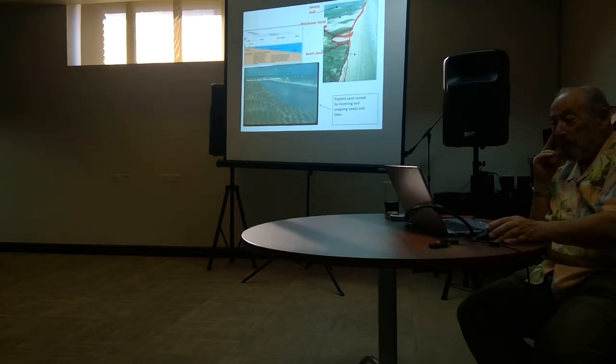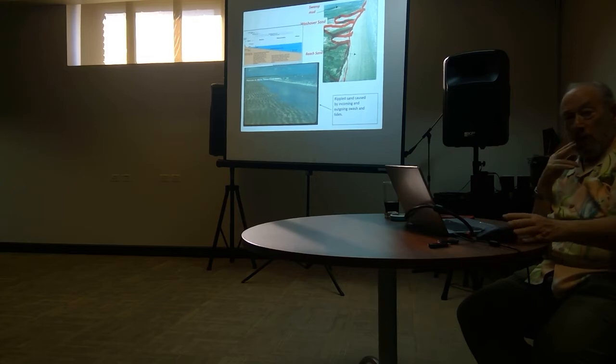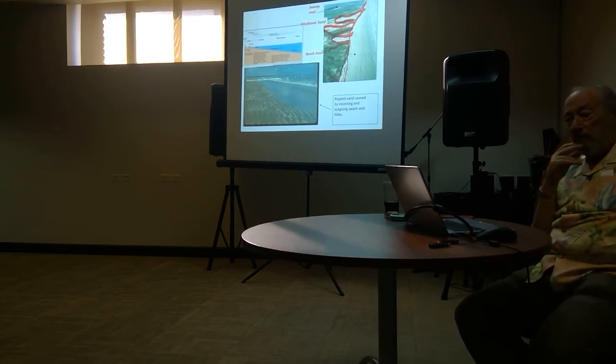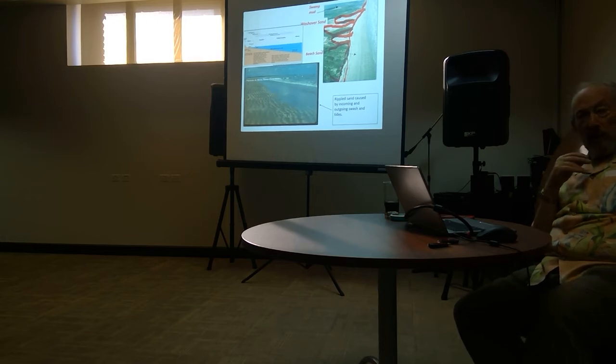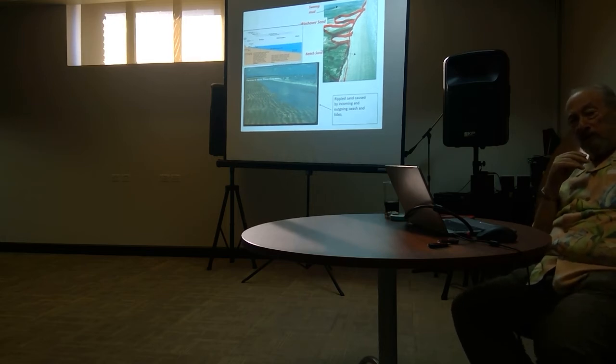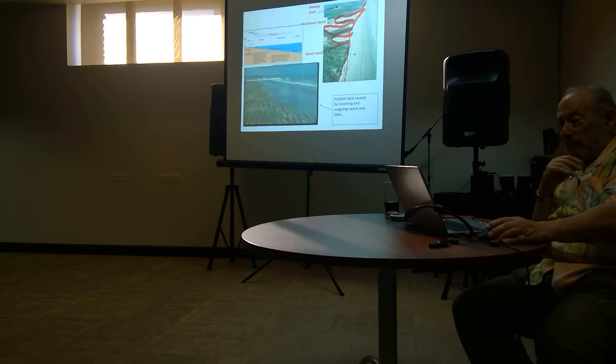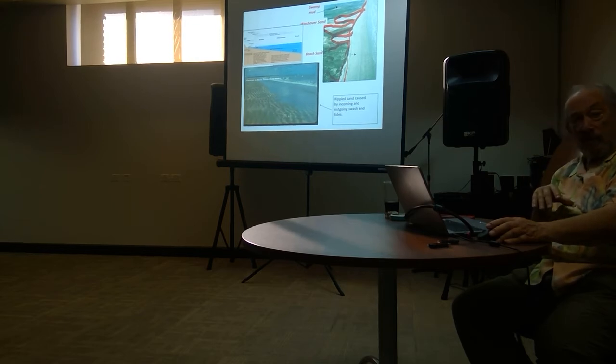There's another one here, another one there. These are all deposits that formed during a hurricane. The winds move landward at very high velocity, and they pick up the sand and push it into the lagoonal environment. Well, that makes a very good reservoir.